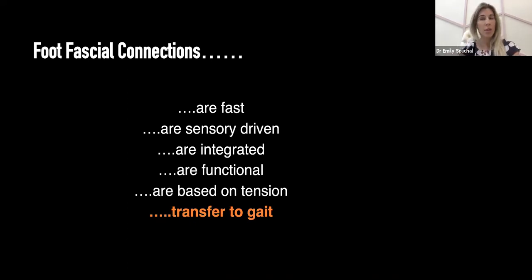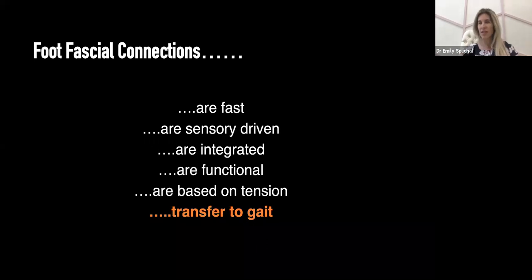When you can optimize a fascial pathway, you are preparing the stabilization patterns in your athletes or individuals to be more pre-active or anticipatory. This is exactly the way that we want to move to optimize performance and reduce injury risk. Foot fascial connections, outside of being fast, are sensory driven. Makes sense, right? We have 1 million sensory nerves in our fascia.